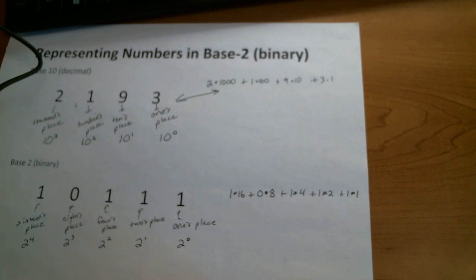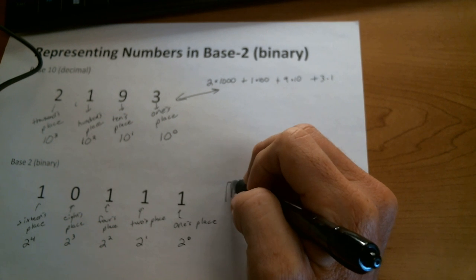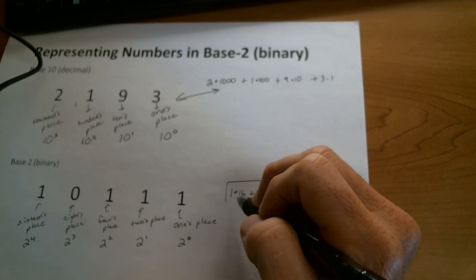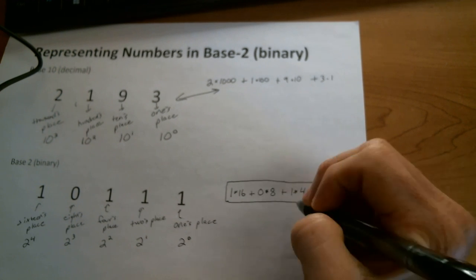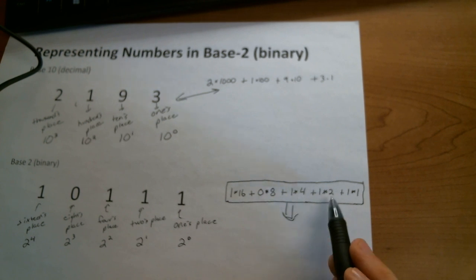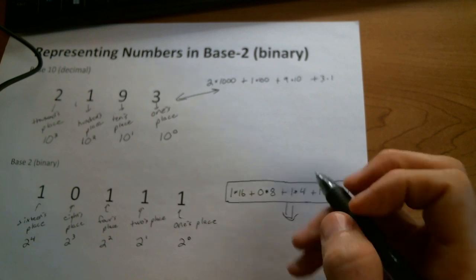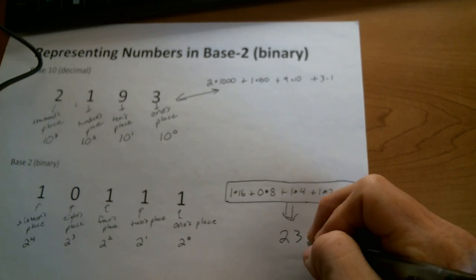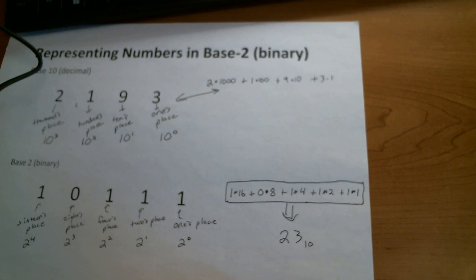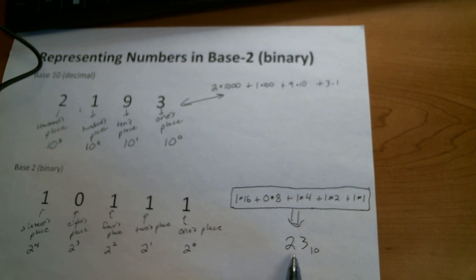So same exact idea, but now we're looking at it with the powers of 2 instead of the powers of 10. And when we add this up, 16 plus 4 is 20, plus 2 is 22, plus 1 is 23. So this is 23 base 10, or 23 in decimal. So 10111 is the same as 23 in a decimal number system.